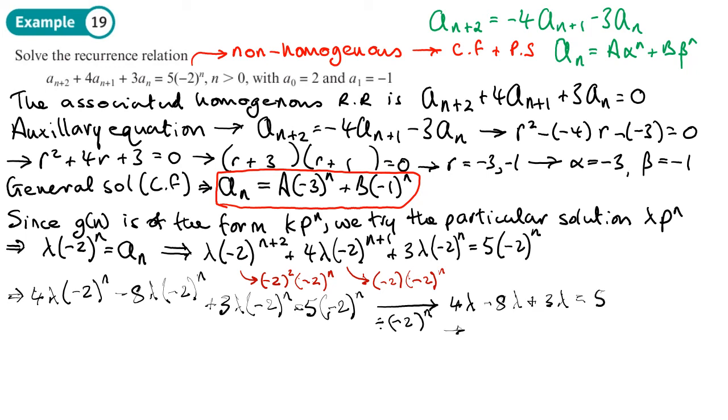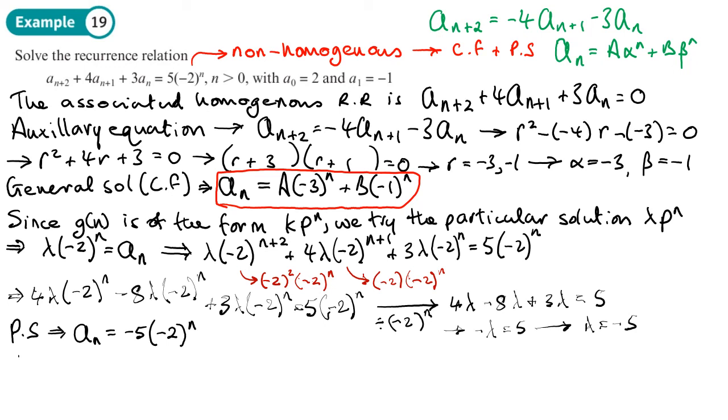So that then gives us negative 4 lambda plus 3 lambda, negative lambda, equals 5, which means that lambda equals negative 5. Okay, so now we've got the value of lambda. We've got a particular solution, PS, of a_n equals lambda, which is negative 5, so negative 5 times negative 2 to the power n.